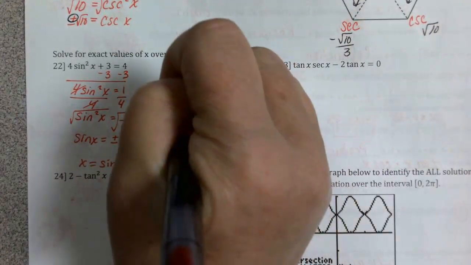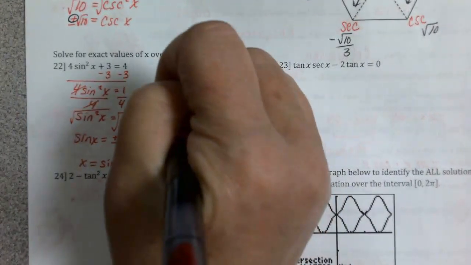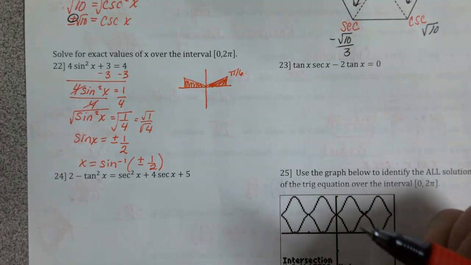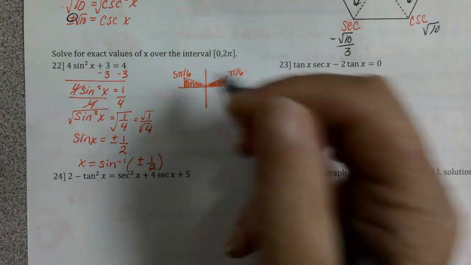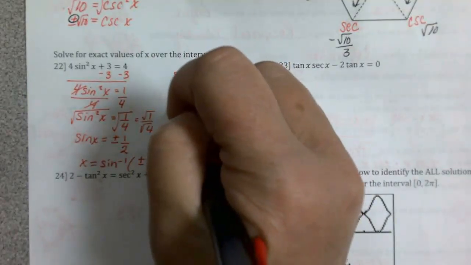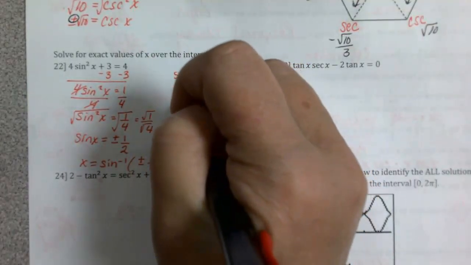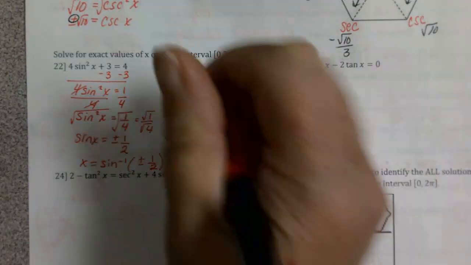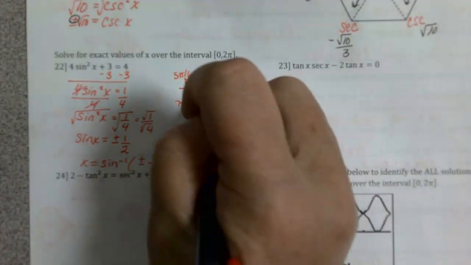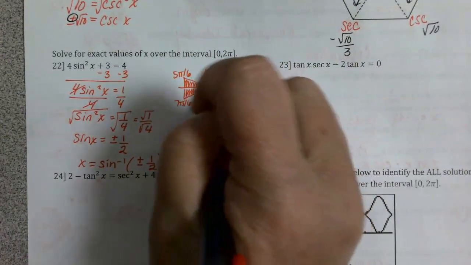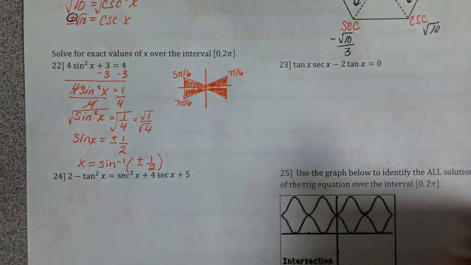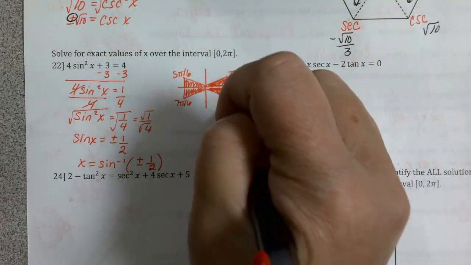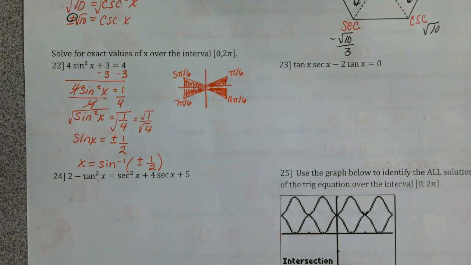Sine is also positive in quadrant 2, so we reflect that angle into quadrant 2, and we're at 5 pi over 6. Sine is negative in quadrant 3, so we reflect pi over 6 into quadrant 3 to get 7 pi over 6, and then sine is negative in quadrant 4, and so the negative 1/2 would be at 11 pi over 6.